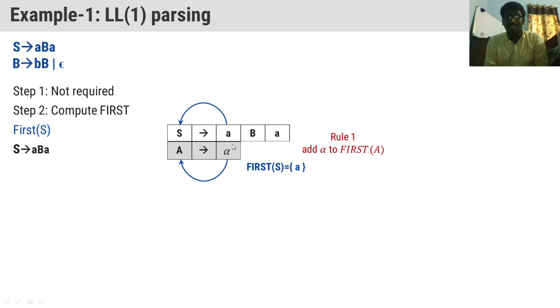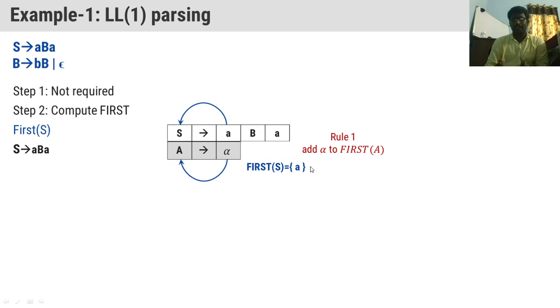Suppose S has multiple productions, for example S derives a capital B small a or b capital B small b. If S has multiple productions, we take all the starting symbols in all the productions. So in the production aBa the starting symbol is a, and in the next production the starting symbol might be b. Then first of S equals the set a, b.